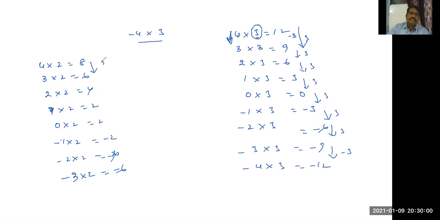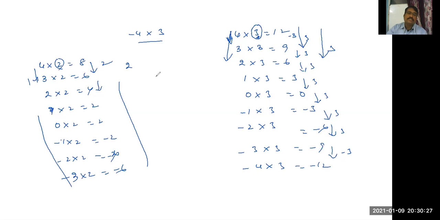Here 2 is decreasing. As this decreases, the product also keeps decreasing. You see that as the multiplier decreases by 1, the product also decreases. By how much? Here the constant is 3, that's why 3 decreases. Here the constant is 2, that's why 2 decreases.